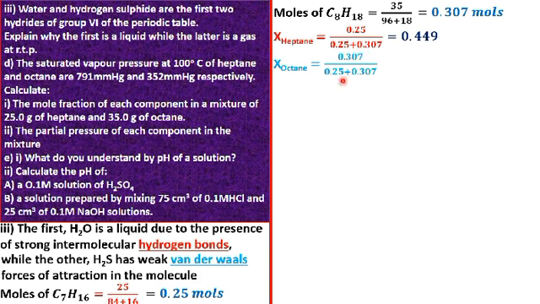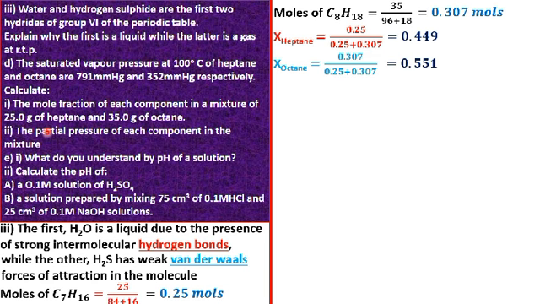The mole fraction of octane is the moles of octane divided by the sum of the moles of the two species, so we have 0.551. If you want to check if your answer is correct, sum up these two values, you should get an answer of 1. Great. So this is the mole fraction of each component.